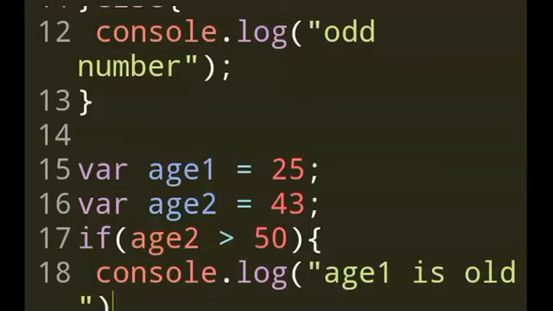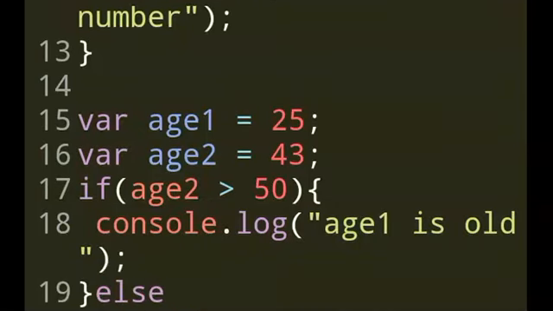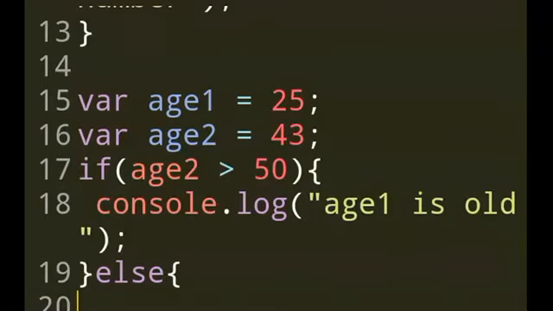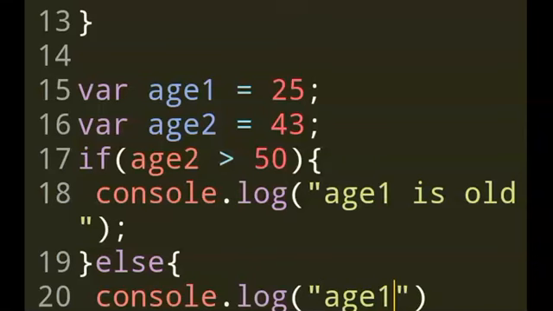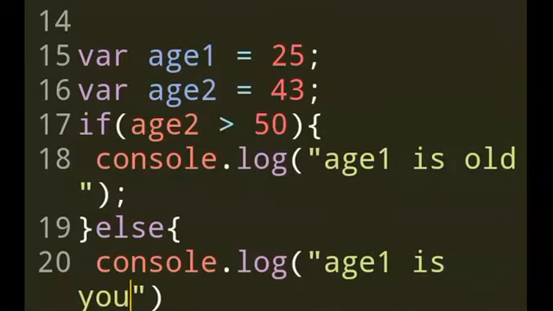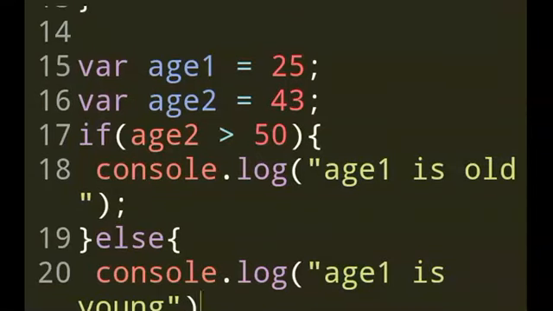Else, console.log age1 is young. I don't need age2 here.